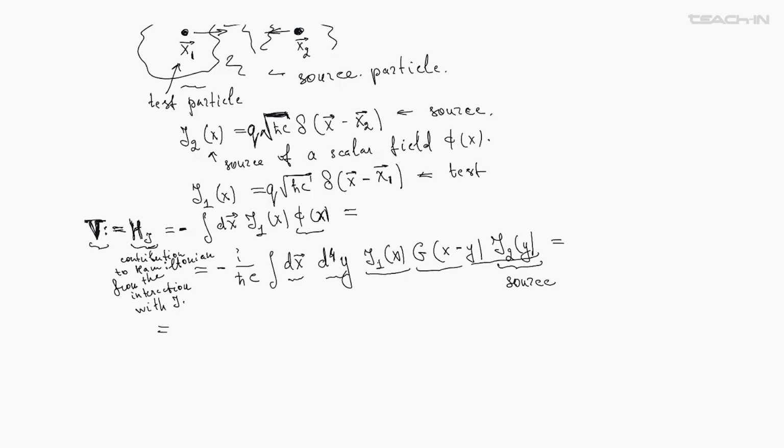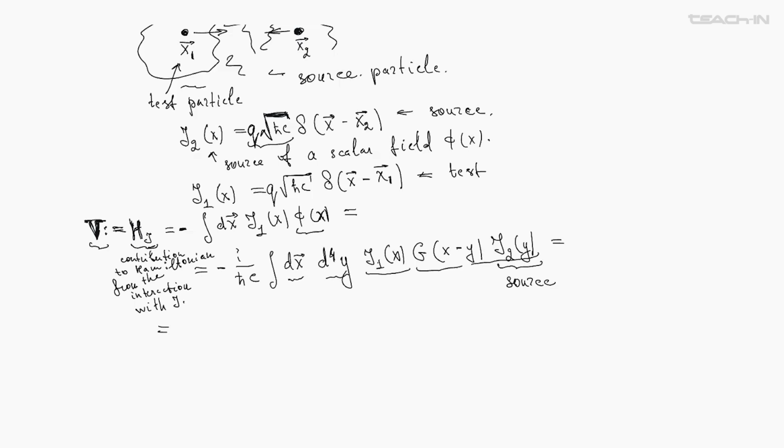Q is just a number, and then the number q multiplied by the square root of h bar c will have the dimension of electric charge. You can consider q arbitrary, but I'm taking these two particles to be charged in the same way. So they carry the same charge. Two particles of the same charge.